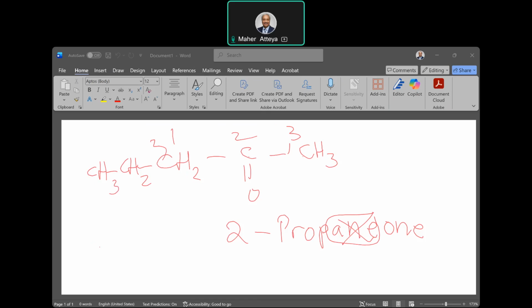So in this case, if you look at the whole thing, you keep this functional group, the ketone, or keto group, or the ketone group, which is ending ONE, always give it the least numbering. The least what? The least number. Either from left to right, it will be number 2, but from right to left, it will be 1, 2, 3, it will be 4. So 4 is a large number. So 2 is good.